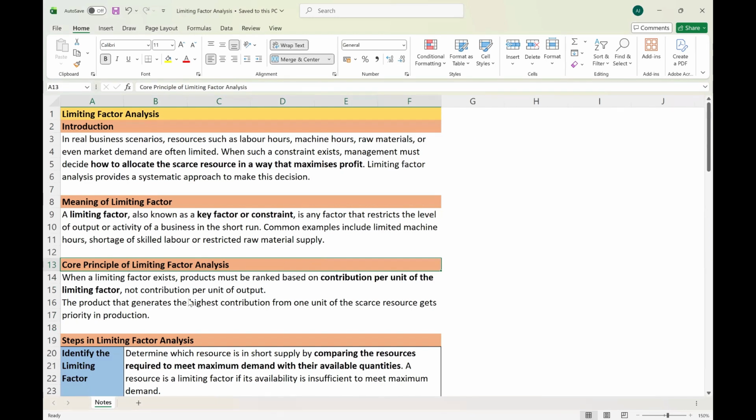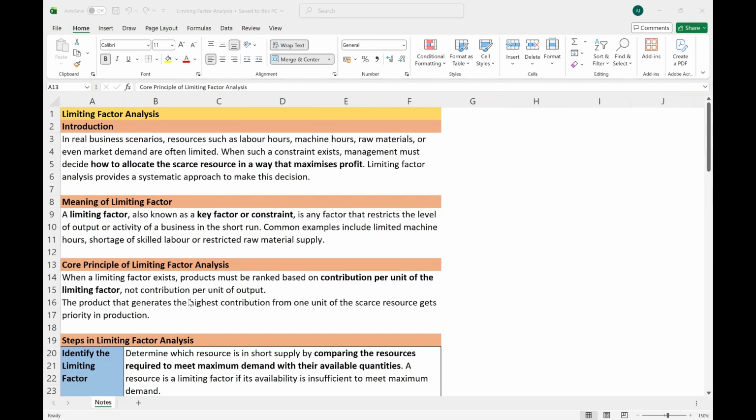So you must now be thinking, what is this core principle of limiting factor analysis? So the core principle or the fundamental principle of limiting factor analysis is very simple, that when a limiting factor exists, products must be ranked based on contribution per unit of the limiting factor. Please remember this, that the products are ranked based on contribution per unit of the limiting factor, not contribution per unit of the output, but contribution per unit of the limiting factor.